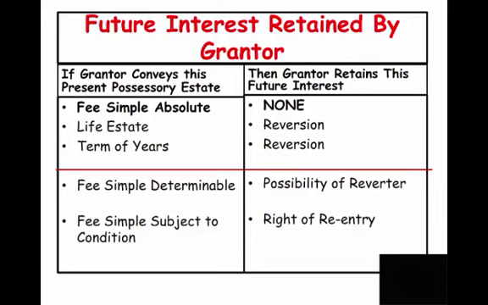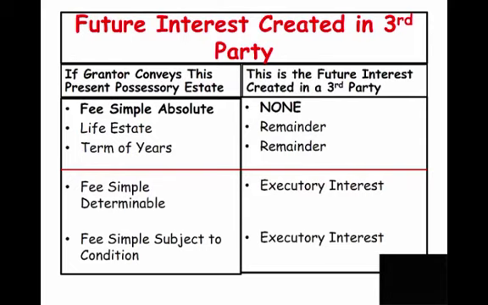So let's look at what happens if instead of retaining a future interest, the grantor instead conveys a future interest to a third party. If the grantor conveys a fee simple absolute, then just like before, there is no future interest. If, on the other hand, a life estate or a term of years is granted, then the future interest created in a third party is called a remainder.